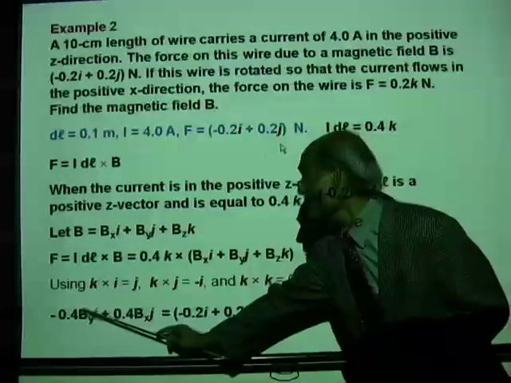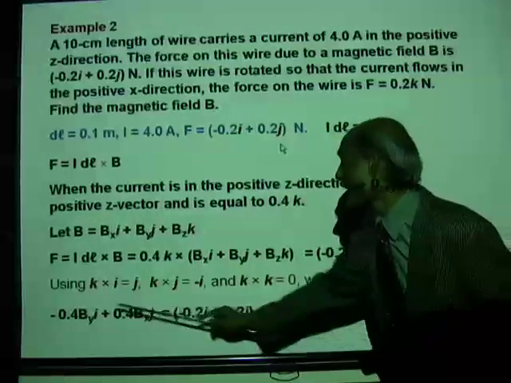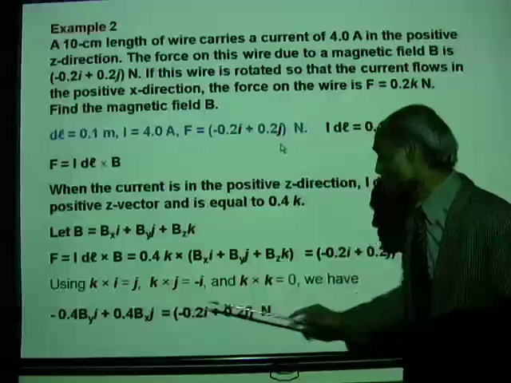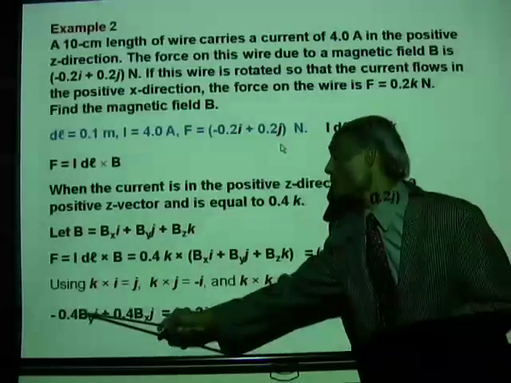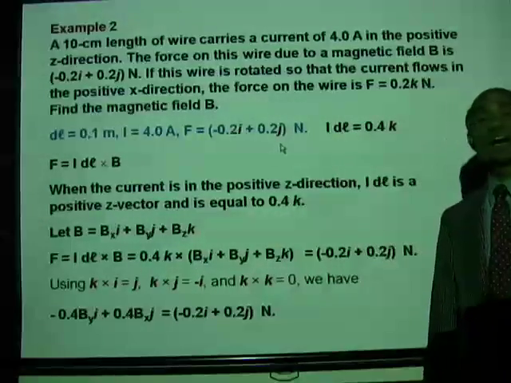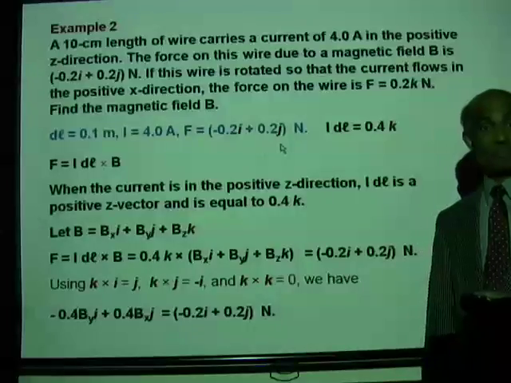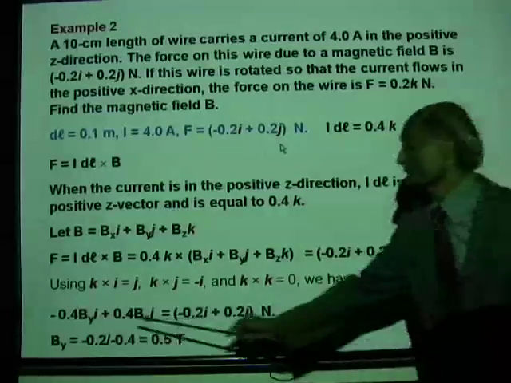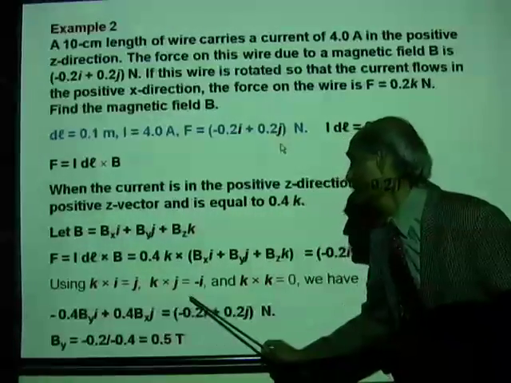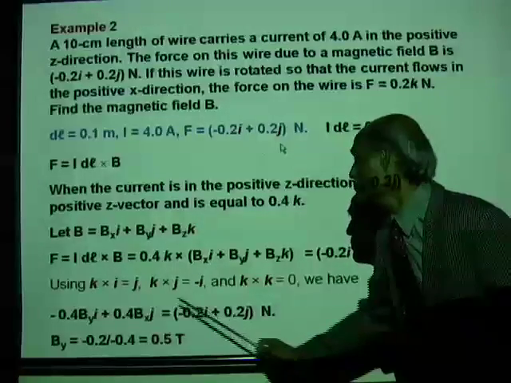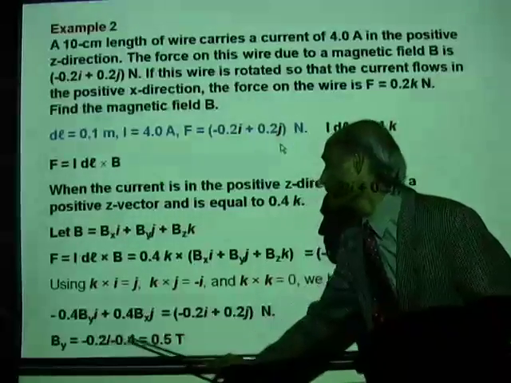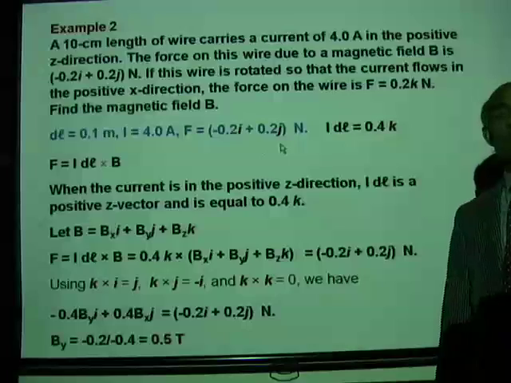Now, we can equate the I components and the J components and obtain BY and BX. Is that right? So what is BY equal to? BY equal to negative 0.2 divided by 0.4, that is negative 0.5 Tesla.